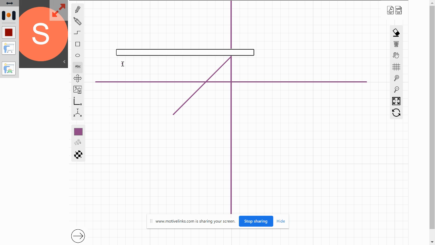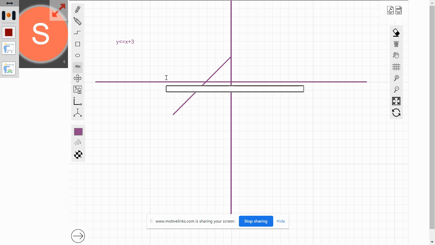So, y is less than or equals to x. Oh yeah, let's just do the same one we did last time. Oh, but my coordinates are different. One, two. Okay.